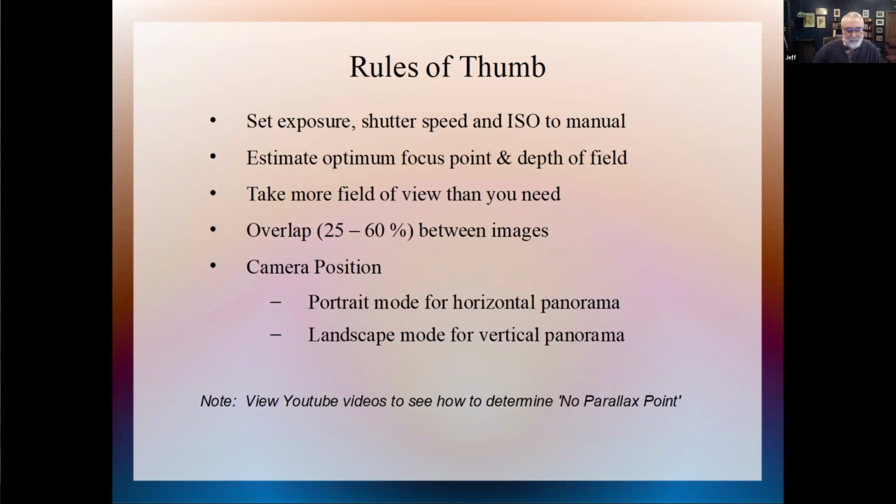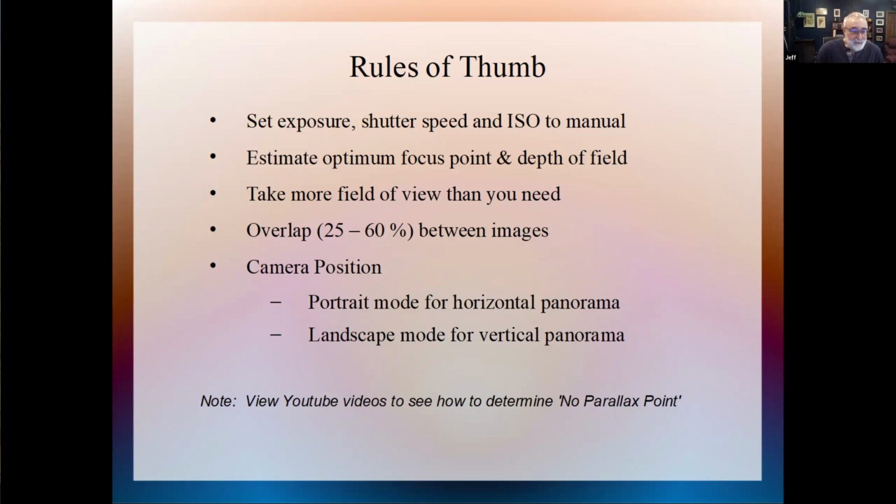And you don't want your exposure changing while you're collecting your images, because when the program stitches your pictures together, it has to correct and blend your sky together, for example, so that it looks like a nice uniform single picture.